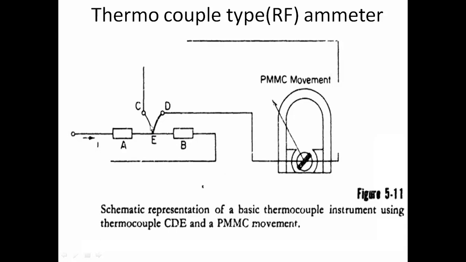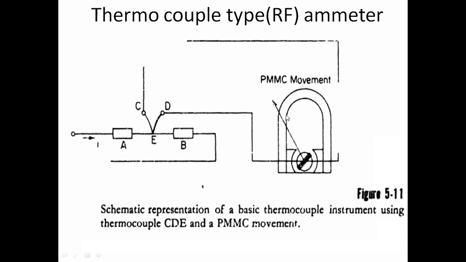The other junction will be at a temperature lower than this hot junction. So there is a temperature difference between these two junctions, and then an EMF will be induced in the thermocouple. That induced EMF or voltage will be measured by using the basic meter.